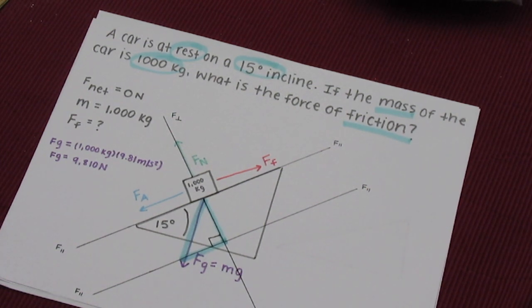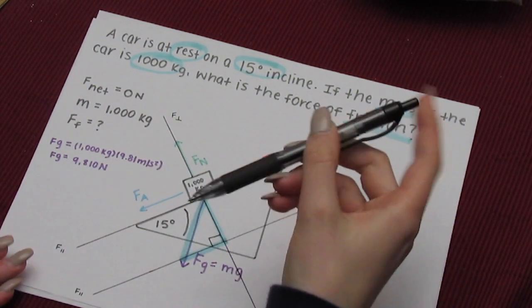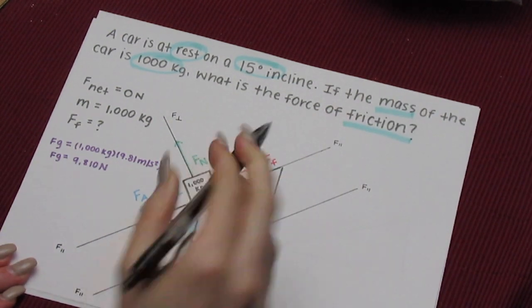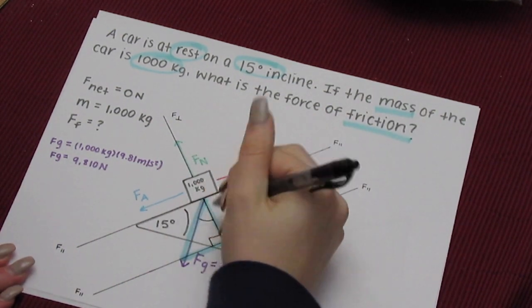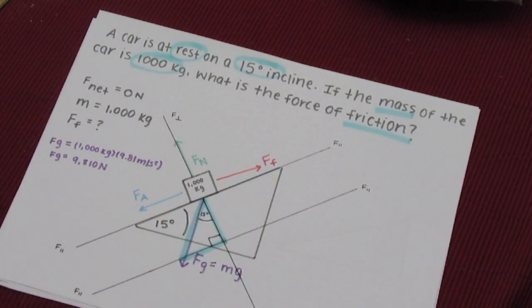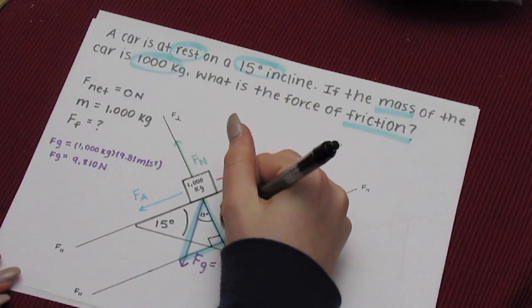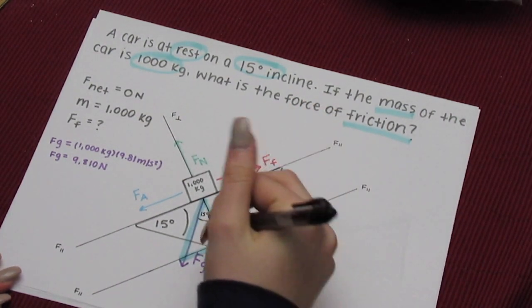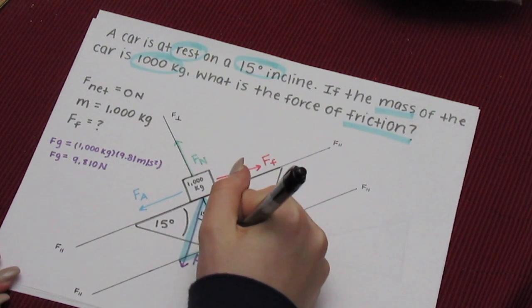And I'm going to label my angle in the triangle. Since this is 15 degrees, this angle here is also 15 degrees, like I said before. And then this side is your force perpendicular side, and this side is your force parallel side.